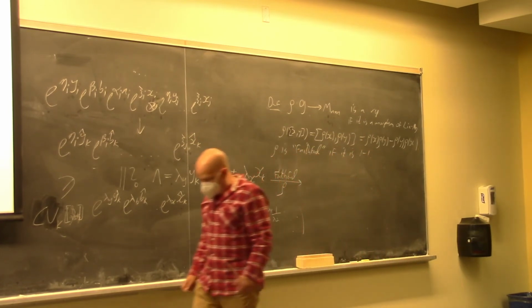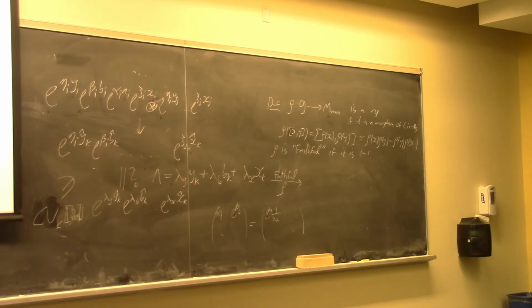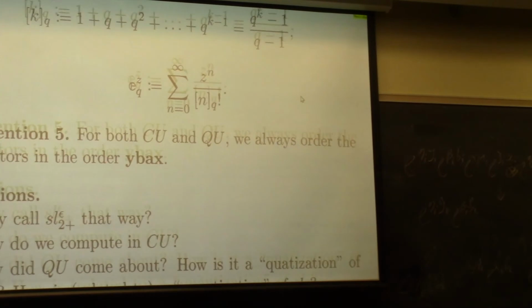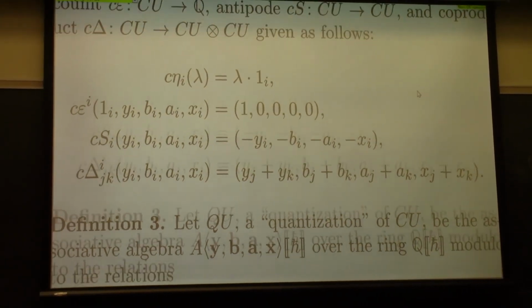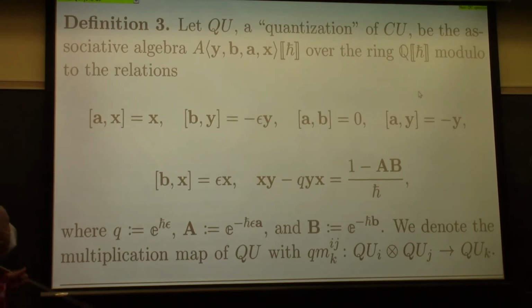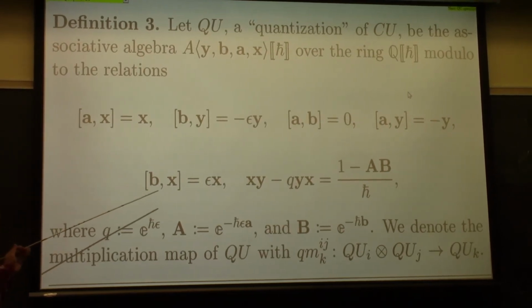And then I thought, oh great, I could do the same for the algebra QU. So if you look a little bit at the algebra QU, wait, where is it? Oh, here. With a little bit more effort, you find that it also has some 2 by 2 representation.